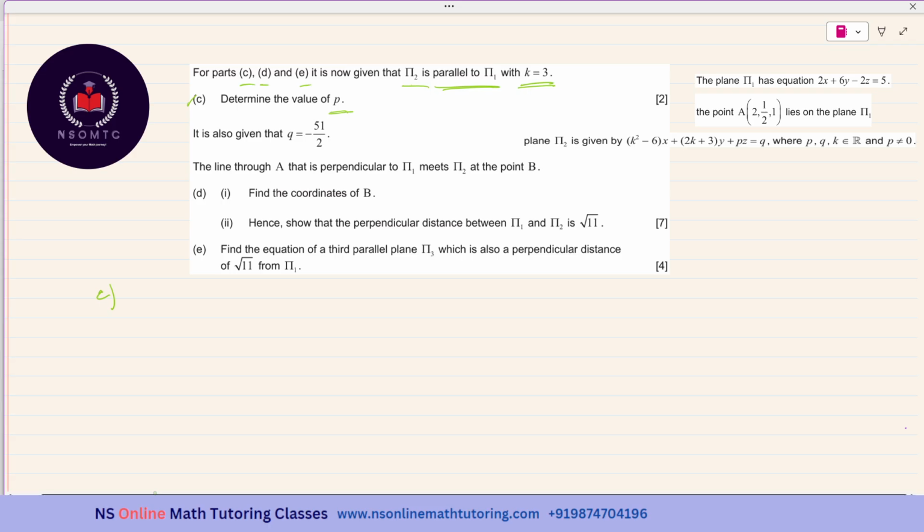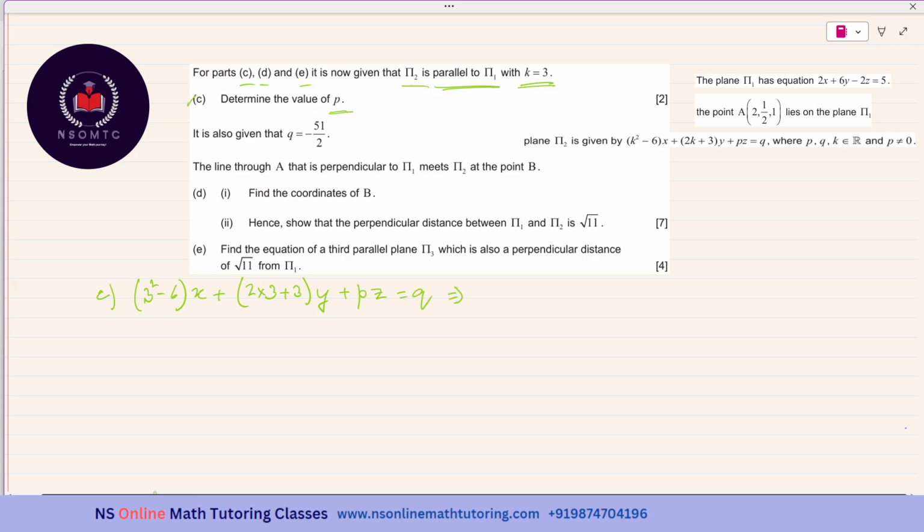So it is k squared, so it is 3 square minus 6 x plus 2 times 3 plus 3 y and plus pz is equal to q.